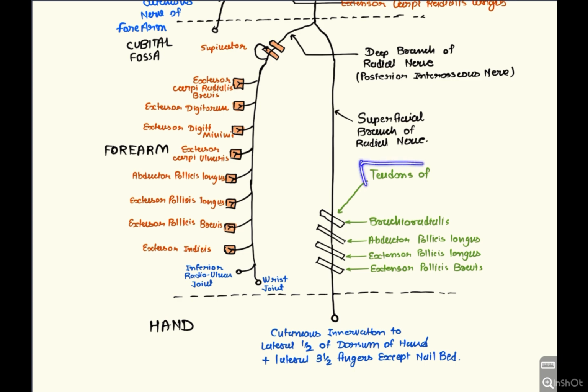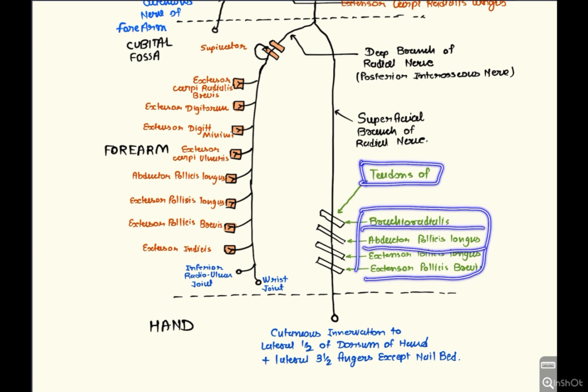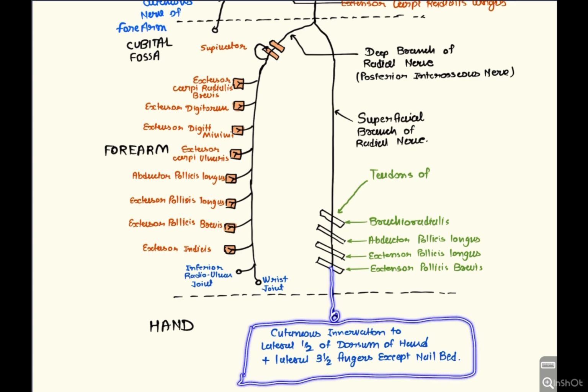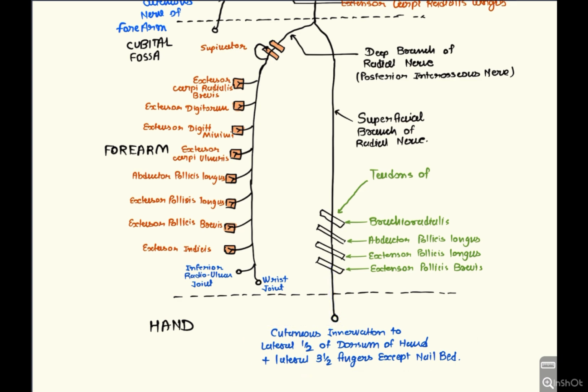Near the anatomical snuff box, it passes over the tendons of abductor pollicis longus, extensor pollicis brevis and extensor pollicis longus, which are the contents of the anatomical snuff box. Lastly it gives cutaneous innervation to the lateral half of the dorsum of the hand and the lateral 3.5 fingers on the dorsal side, except the nail bed, because the nail beds are actually supplied by the median nerve. Okay, so this was about the course of the superficial branch of the radial nerve.